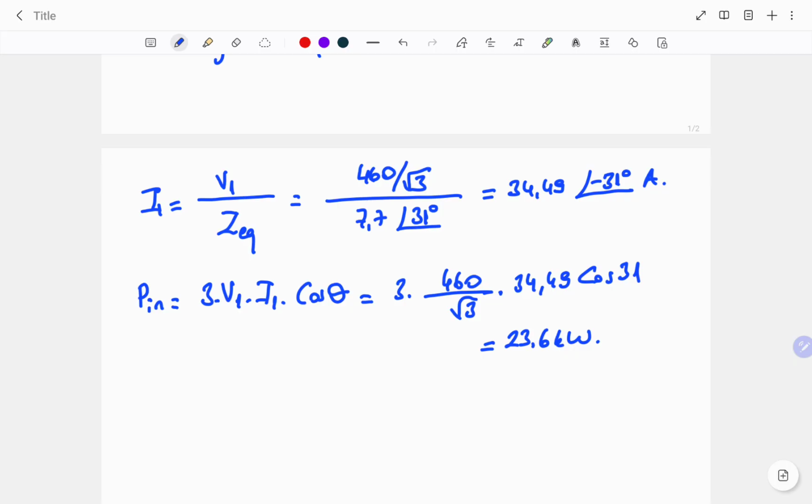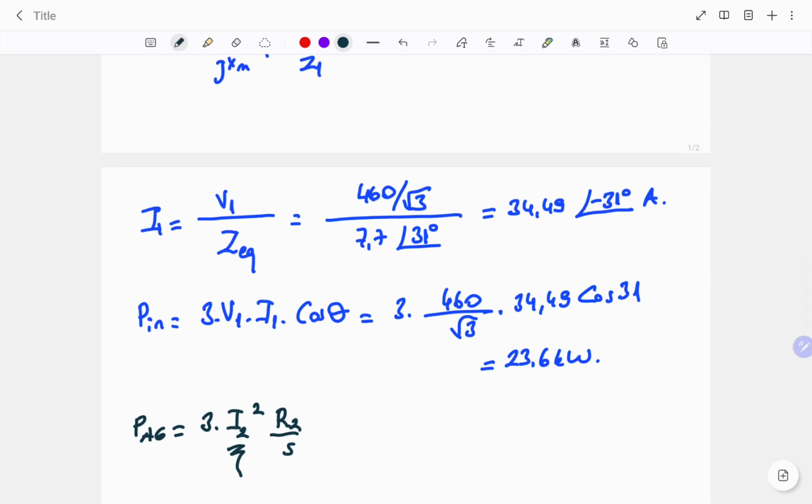Now let's continue with the air gap power. The air gap power is the total power which is transferred to the rotor part. We can use 3 times the current for the secondary side, the rotor side, squared, times the total resistance on the rotor part. So to be able to use this expression, we need to calculate the I2. What was the I2?